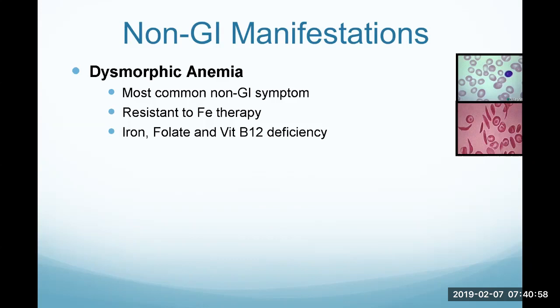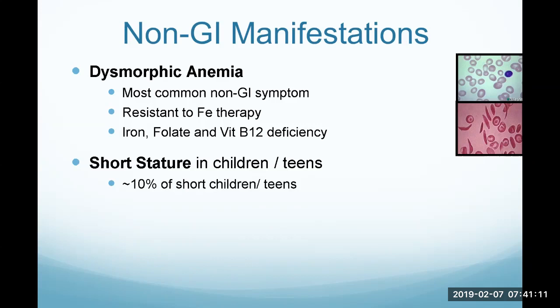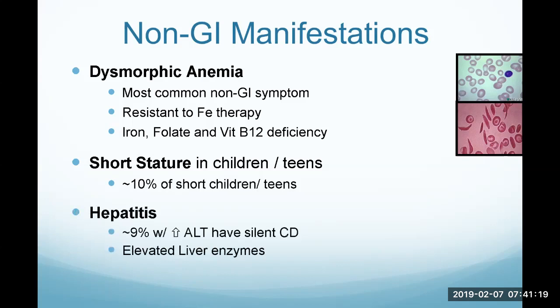It can still happen, but it's rare. And anemia can be a presenting symptom in 5 to 8% of adolescents and adults with celiac disease. 10% of the short stature kids can have celiac disease, and around 9% of these kids with elevated ALT in the pediatric population have celiac disease.